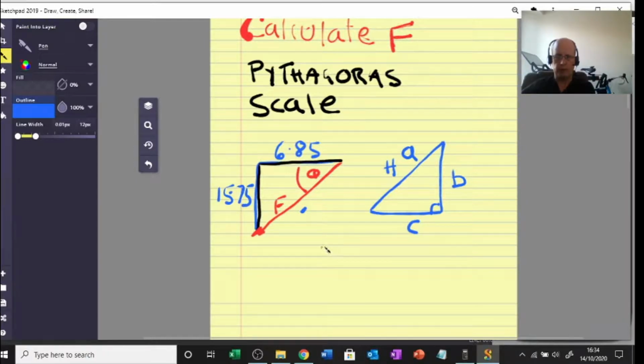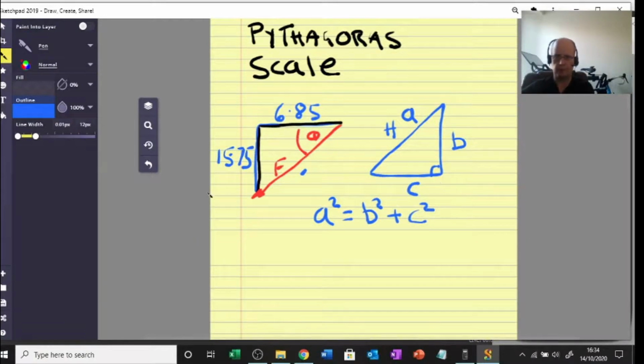So Mr. Pythagoras said a squared equals b squared plus c squared. So in our case, this is going to be f, isn't it? Because this length here is the same as a hypotenuse, and we've got both of these sides here. So we'll call this f squared.